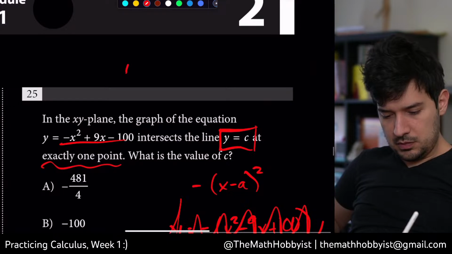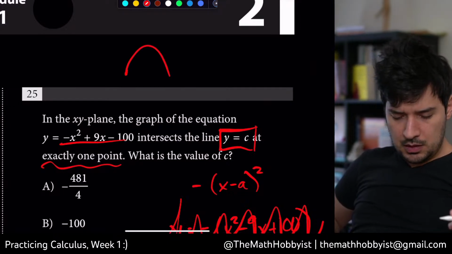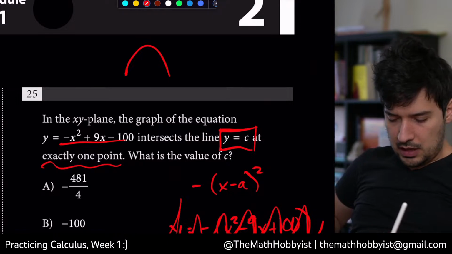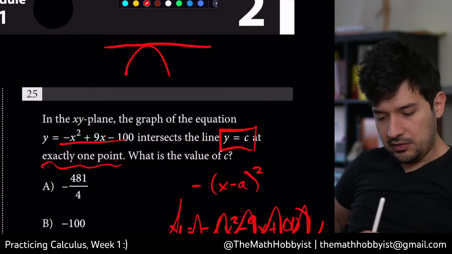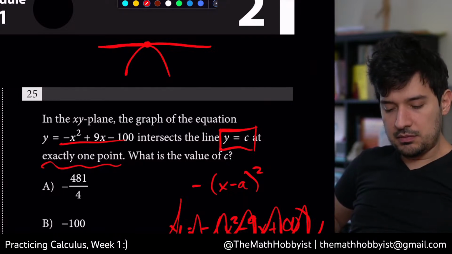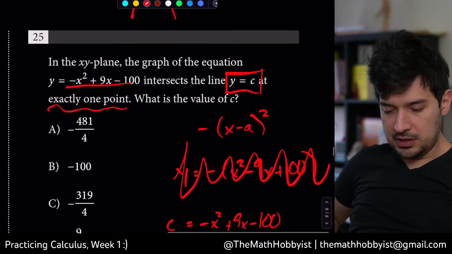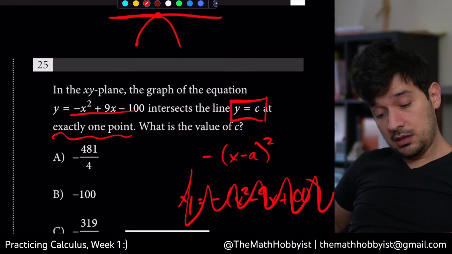So then, yeah, we have some kind of negative parabola, and if it's going to intersect a constant line at one point, then it will be at the vertex of the parabola.